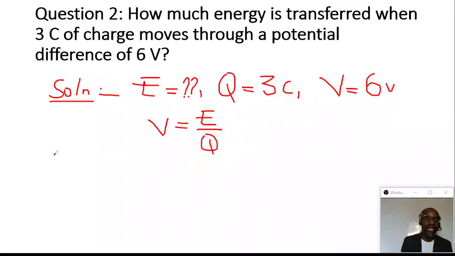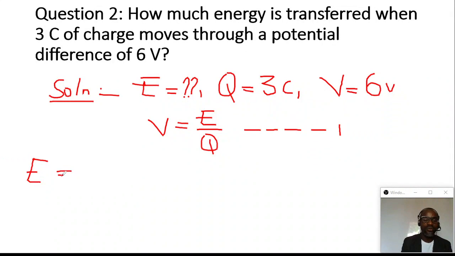So let's make E the subject at this point, E being the energy we are looking for from the equation given. Let's call this equation number 1. Very interesting. From equation 1, we are going to make E the subject of the formula and then call it equation 2 and substitute accordingly.